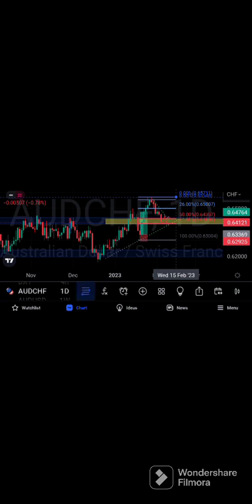But however, I'm still having a concern. The concern that I have upon this trade is that on AUD CHF I'm having a buy bias, and on AUD USD I'm having a sell bias. I don't know if these pairs are correlated to each other, but for the fact that both of them are AUD, I'm going to be watching this AUD CHF very well.